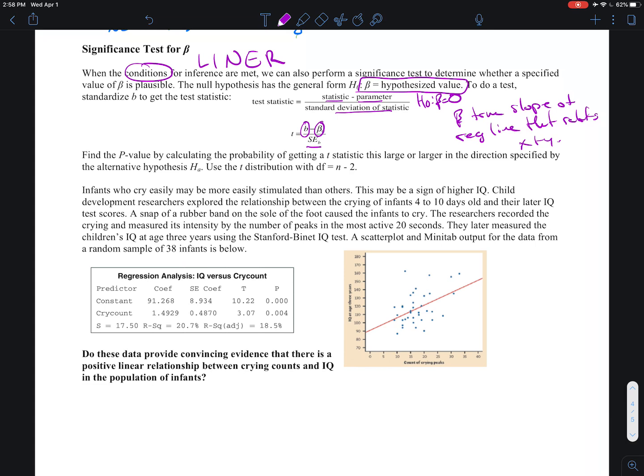That'll give us a t-score, and we will look that up in our t-table for n minus 2 degrees of freedom, just the same degrees of freedom as the confidence interval. And we'll calculate a p-value from that table, either on our calculators or using the table, to then decide whether we're going to reject the null or fail to reject.